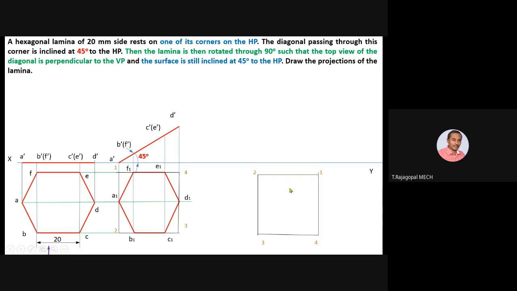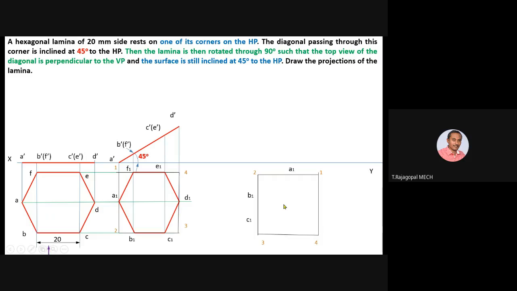Correspondingly, we can fix all the corners of the hexagon in this rectangle. Complete the top view. A1 in between 1 and 2, B1 in between 2 and 3, and another point is there, C1. So from step number 4 you have to measure all the distances and convert them in the same rectangular box here.